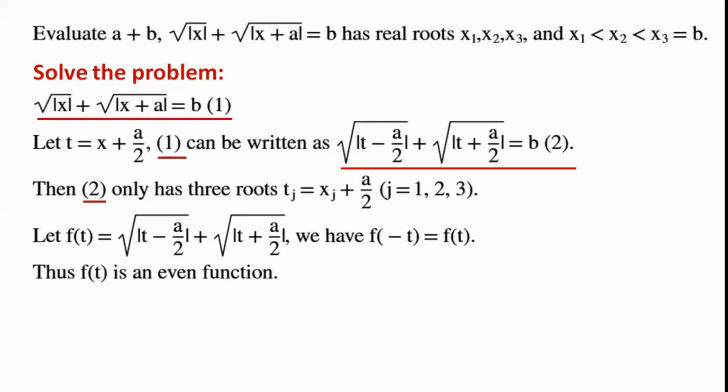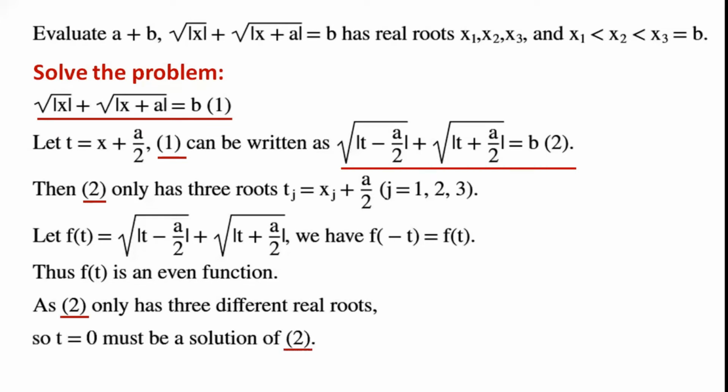Thus, f of t is an even function. As equation 2 only has 3 different real roots, t equals 0 must be a solution of equation 2.